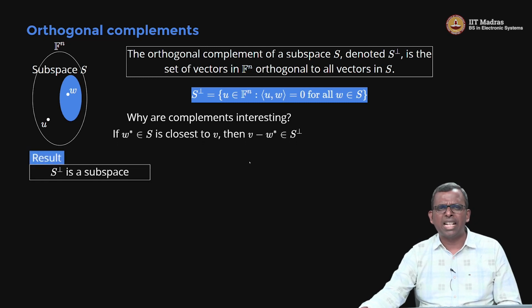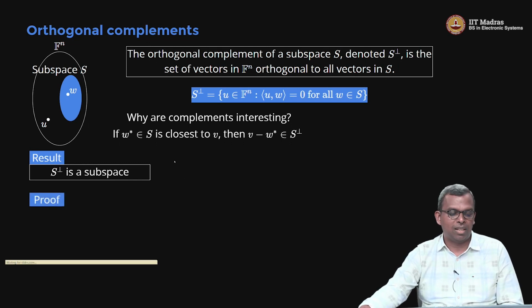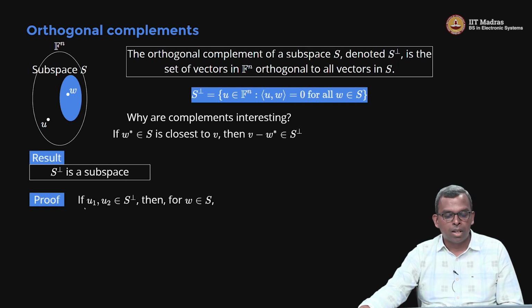Here are a couple of nice properties about S perp. S perp has a lot of structure to it. First of all, S perp is a subspace. You can see this very easily; the proof is very easy. If u1 and u2 are in S perp, then for any w in S, look at the inner product of a u1 plus b u2 with w. Using the linearity of the inner product, the first argument gives a times the inner product of u1 and w, plus b times the inner product of u2 and w.